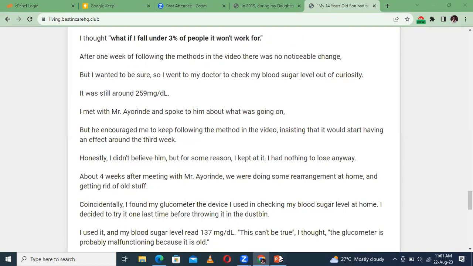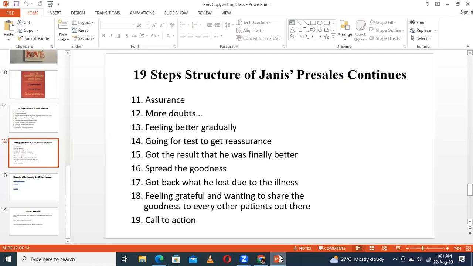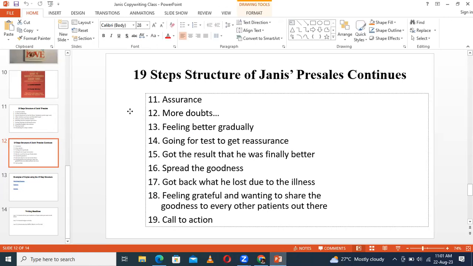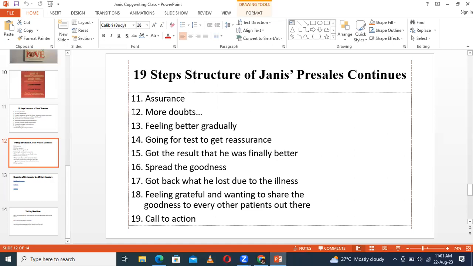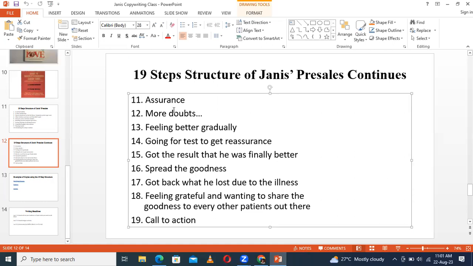So, what number are we now? Number 14. I think from number, no. Sorry, we're now transitioning from number 12 to number 13.